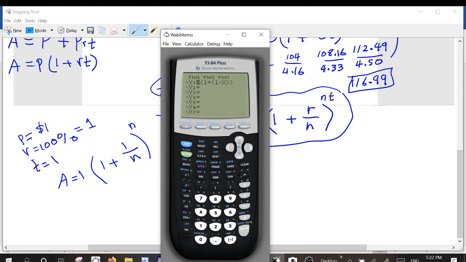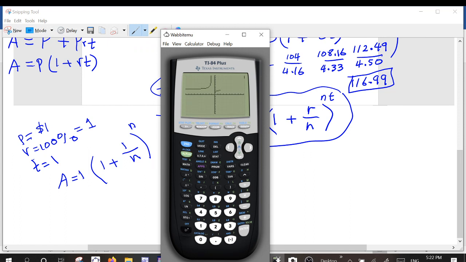Then close parentheses, and I'm going to raise it to the x power. And then I go to second table set, and I'm going to change that to ask. It's already on ask, so I'm just going to leave it like that. Then I'm going to go to table, which is right there, second table.